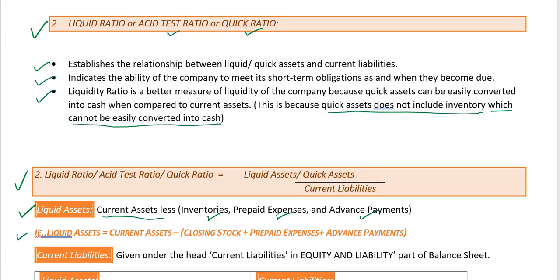Hence, liquid assets is equal to current assets minus, in brackets, closing stock plus the prepaid expense plus the advance payment. So all these three added up has to be deducted from the amount of current assets. For current liabilities, we will take all current liabilities in the equity and liability part of balance sheet, the same amount that we took for the denominator in the current ratio.